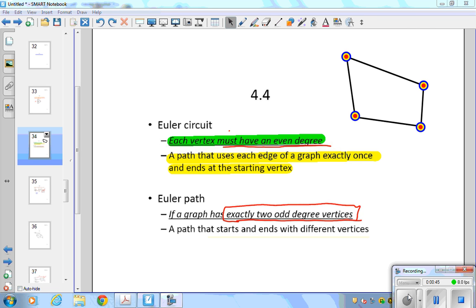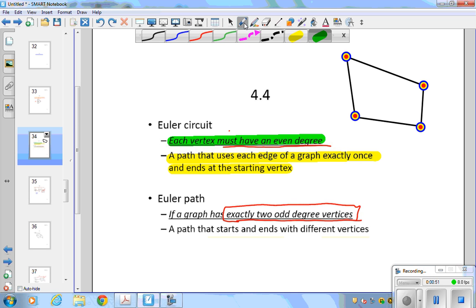Okay, so I drew a very simple graph to the right of the screen, and we are going to figure out whether or not this has a Euler circuit. I'm going to pay attention to what I highlighted in green here. It says each vertex must have an even degree. Well, if you remember, a degree is defined as how many edges are actually touching a vertex.